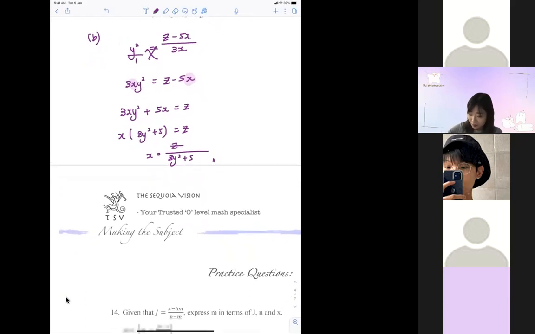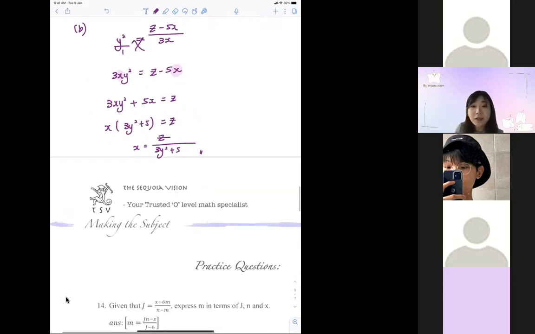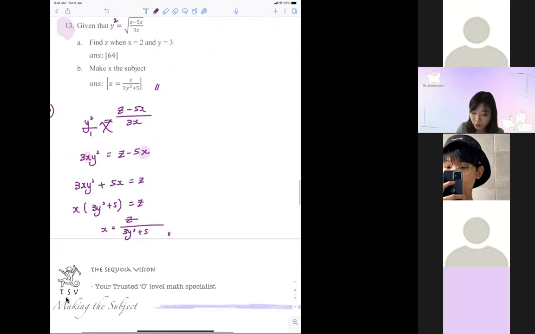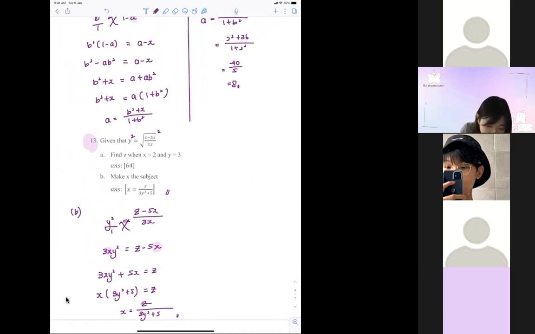Money, okay? Kenneth, when you're done with 13, can you take a picture of 12 and 13 for me? All right, then y'all can go on to doing 14 to 19. Okay, good.